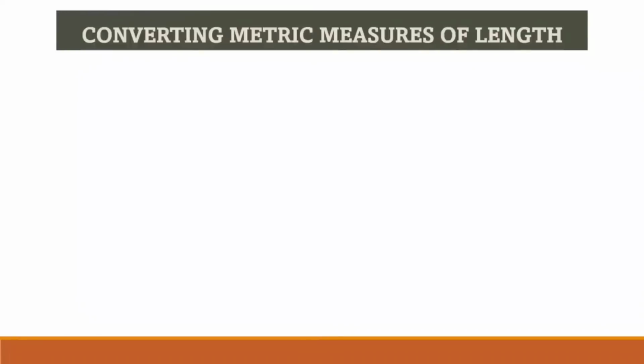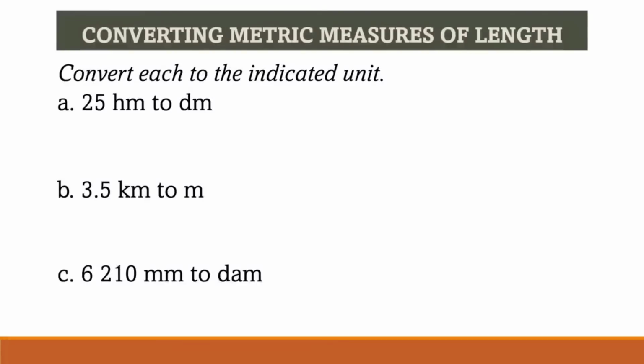For us to have a clearer view of that, let us have the following examples. For example A, we have to convert 25 hectometers to decimeters. First, we write our given, which is 25, and then we write its decimal point, which is at the end, after 5, since this is a whole number.